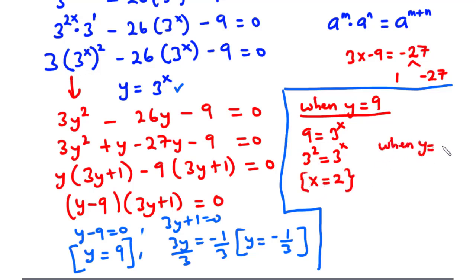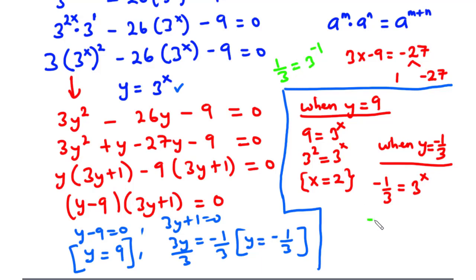Now when y is equal to negative 1 over 3, we have negative 1 over 3 equals 3 exponent x. Now according to indices, 1 over 3 is equal to 3 exponent negative 1.